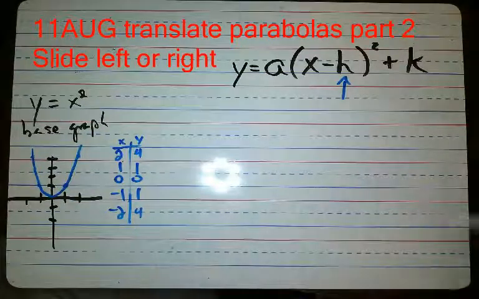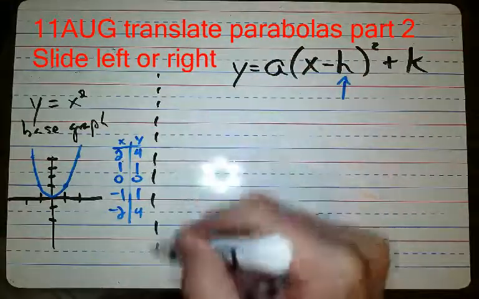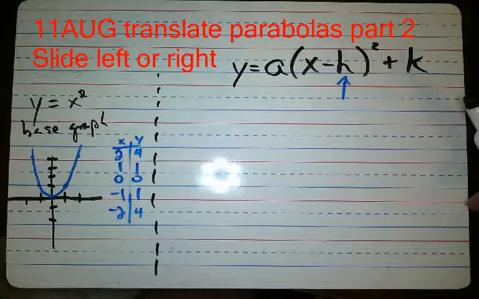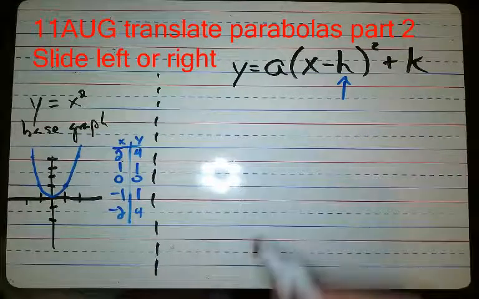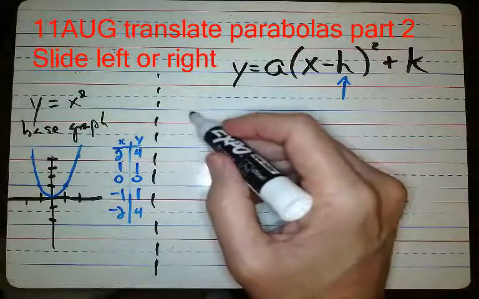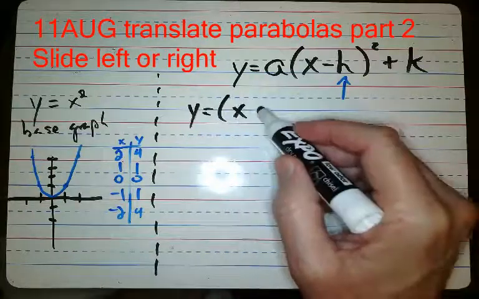Okay, what we're going to be doing is sliding it left and right, so we're going to focus on inside the parentheses. So, my next equation, there's two things we can do.